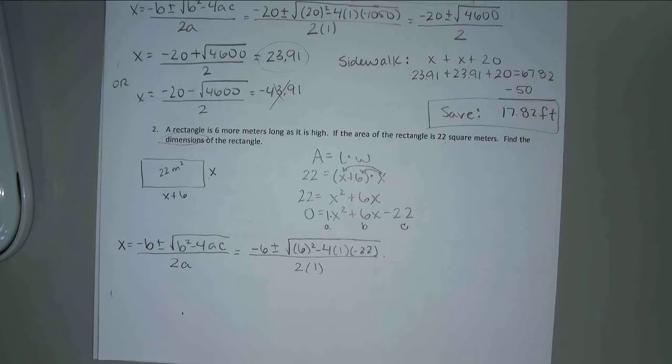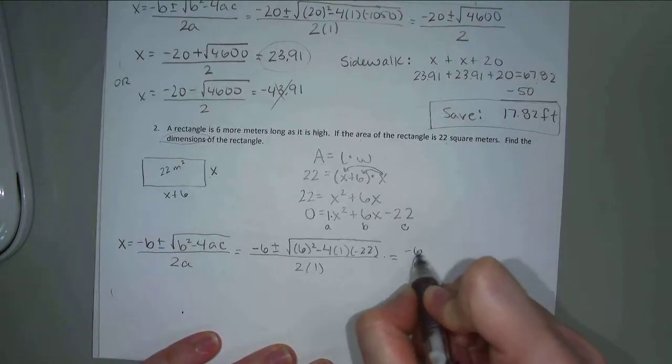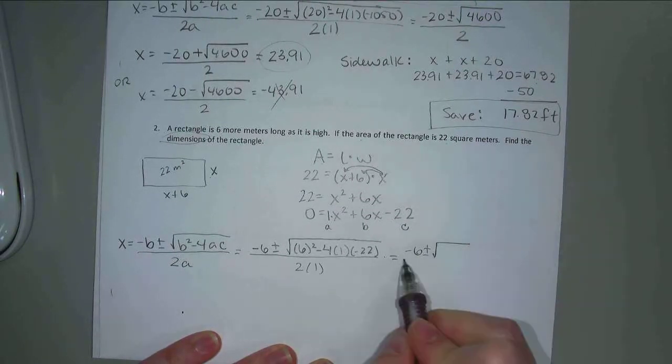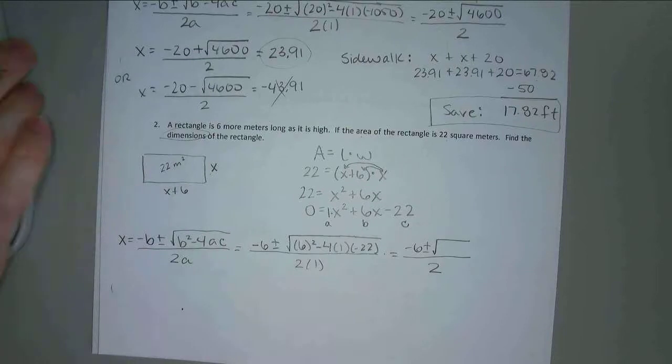Let negative 6 hang out as you calculate what's under the square root, okay? So this will be negative 6 plus or minus the square root of something over 2. And I'm just typing that in my calculator, guys.